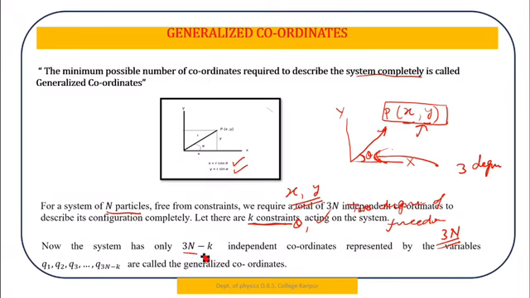The independent coordinates used to describe the system completely are called generalized coordinates. These 3n minus k coordinates are represented as q1, q2, ..., q3n minus k. These are the minimum number of coordinates to describe the system completely, and are called generalized coordinates. The old coordinates and new coordinates are related to each other.